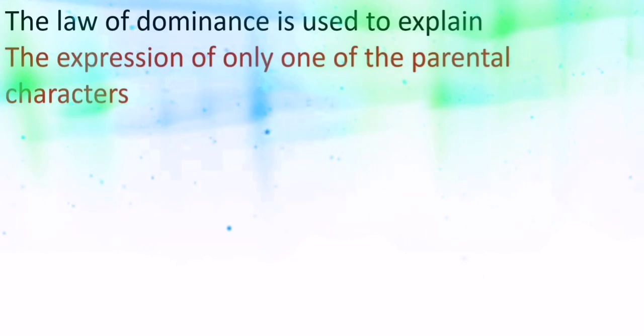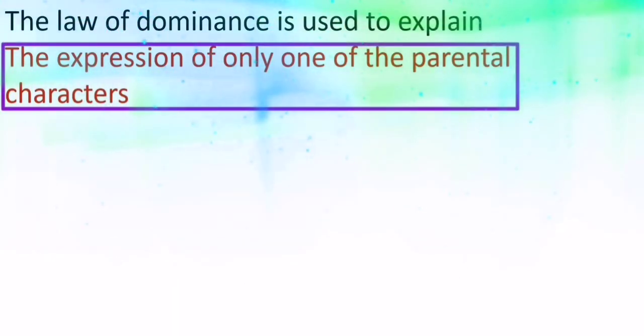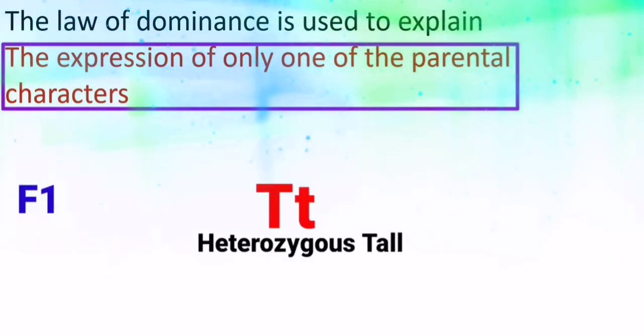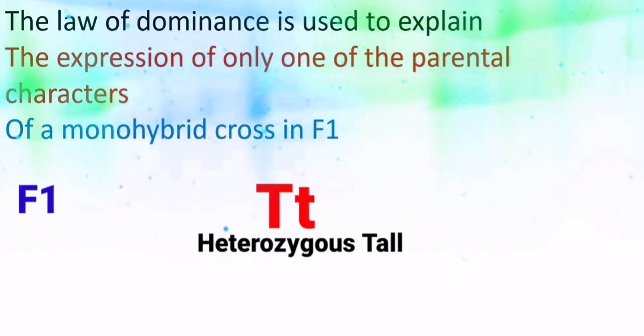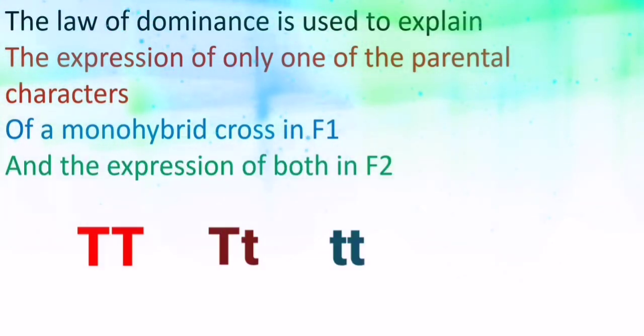So the law of dominance is used to explain the expression of only one of the parental characters that you have seen in the F1 generation. The allele for tallness expressed itself in a monohybrid cross in the F1 generation, and both are expressed in the F2 generation.